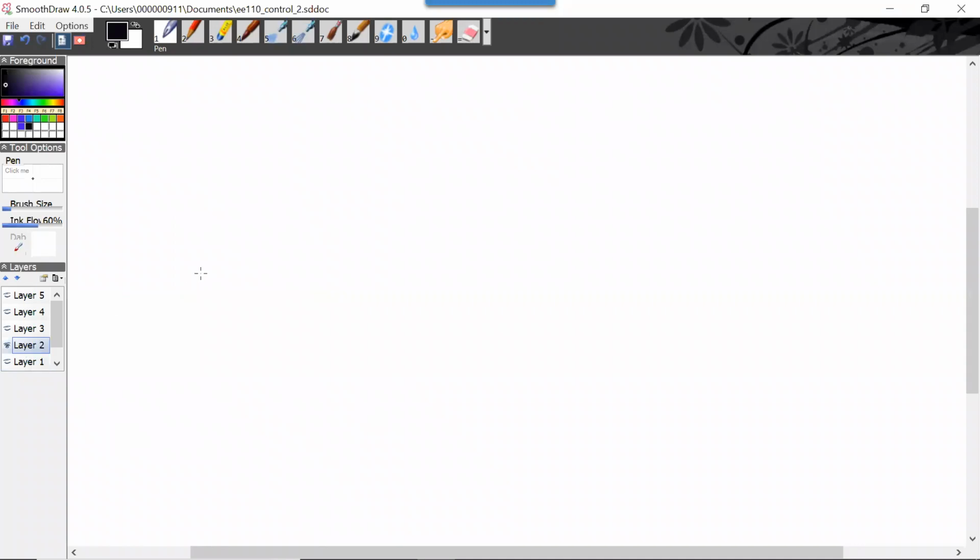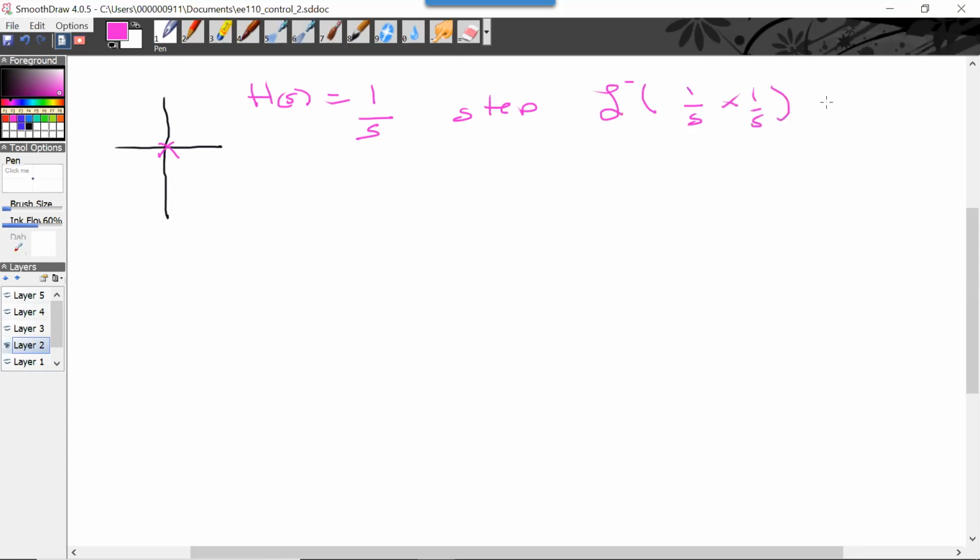there are some things that I just wanted to show you. Let's put one pole at 0. That's an integrator. So the step response, the inverse Laplace transform of 1 over s times 1 over s, leads to a ramp of t, which is going up.